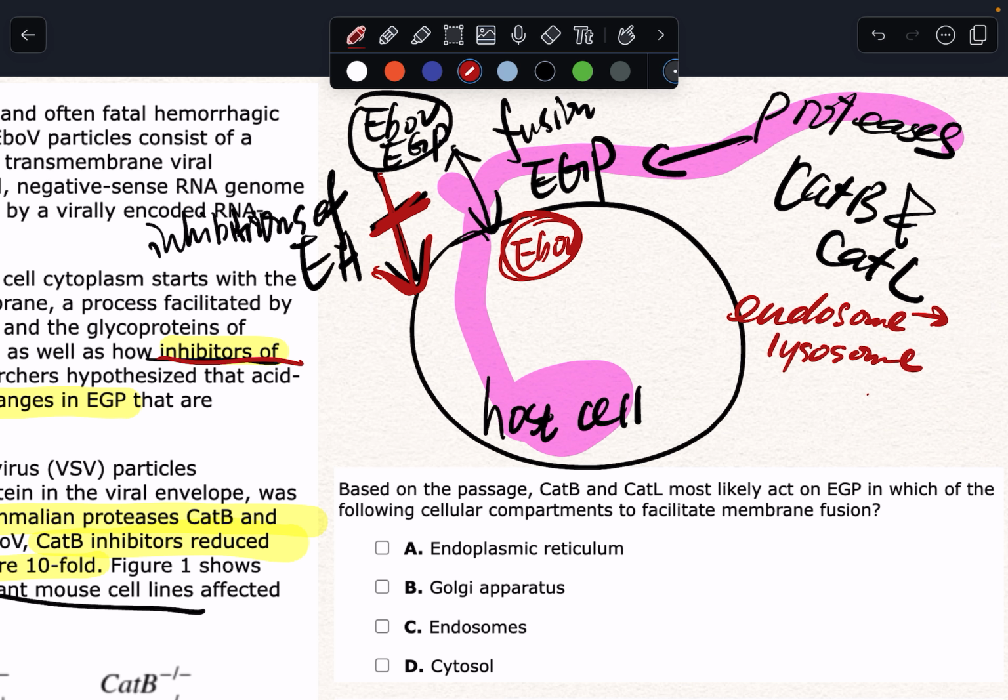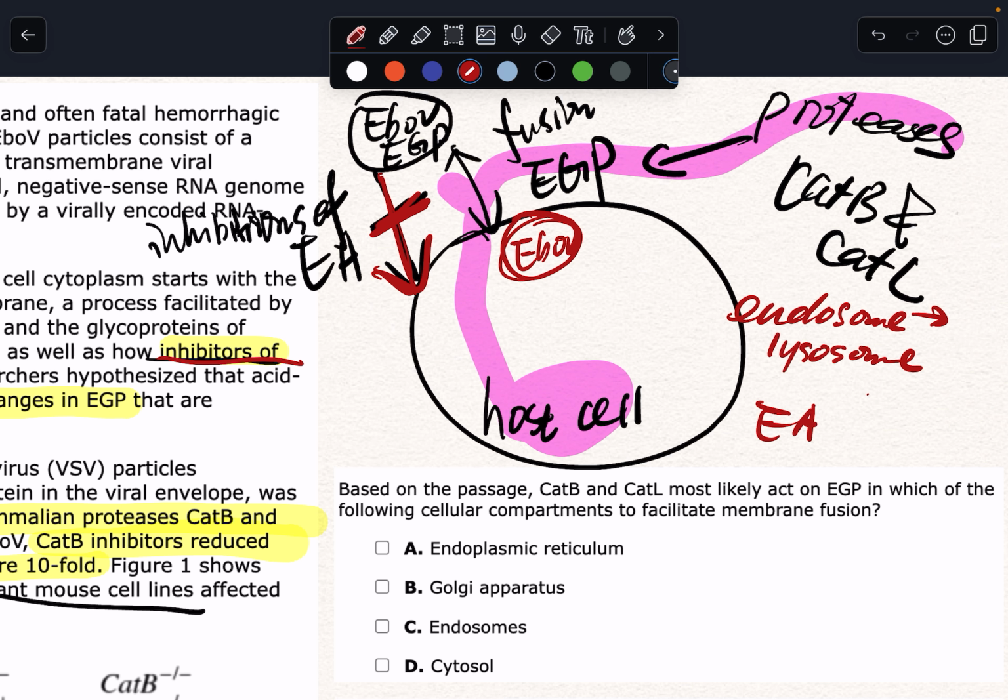Okay, if there is no infection happening, then even if the virus gets inside the cell, the virus will stay in the endosome, and later the endosome matures into the lysosome where the virus will be degraded. So that is no infection. Okay, so the passage says inhibitors of endosomal acidification.